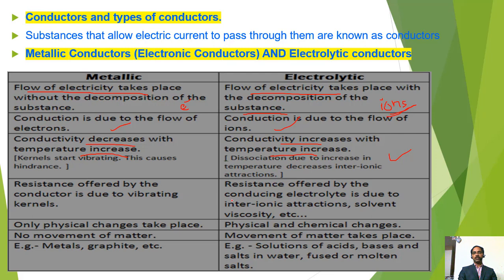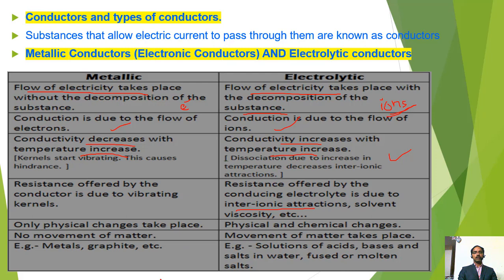Resistance offered by the conducting electrolyte is due to interionic attractions. Due to interionic attractions, resistance is generated in the electrolytic. That means if a compound is not ionized properly, that solution's conductivity is less.